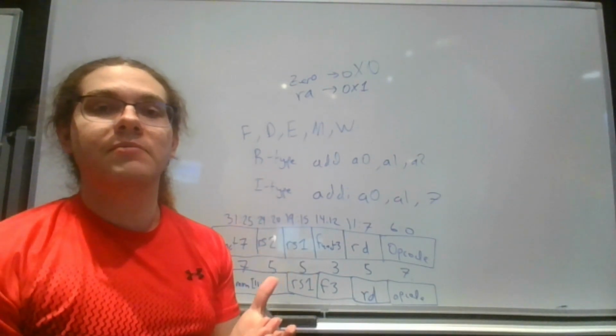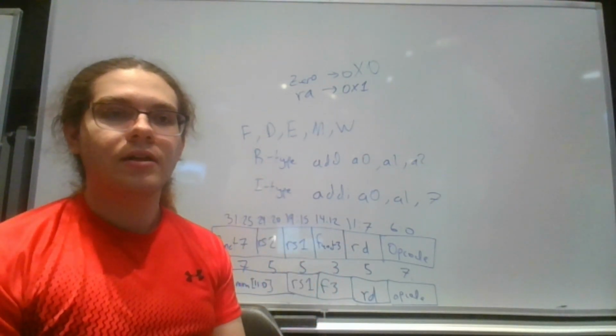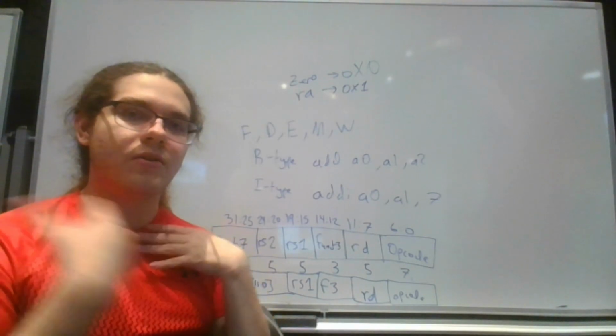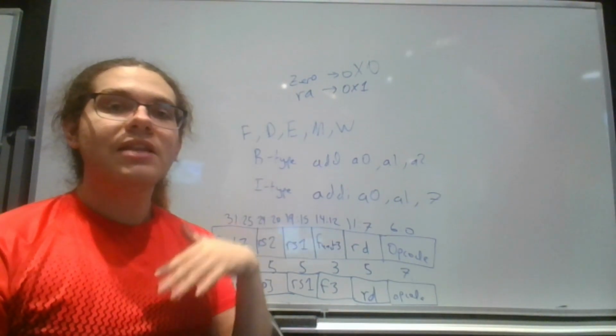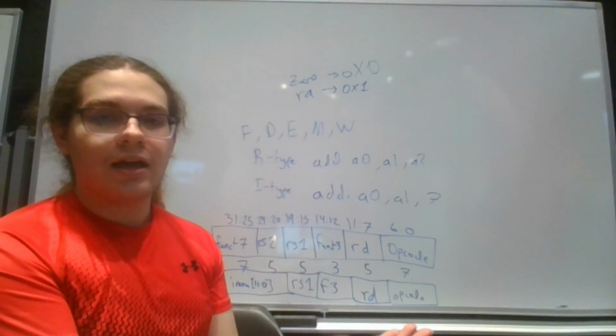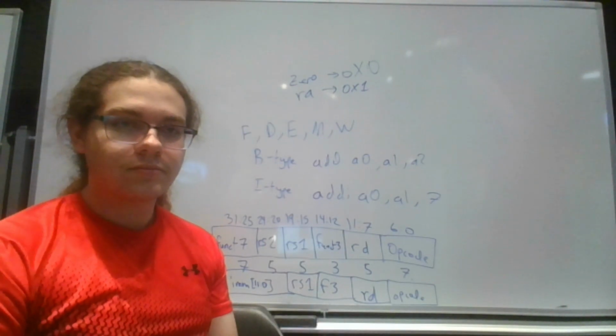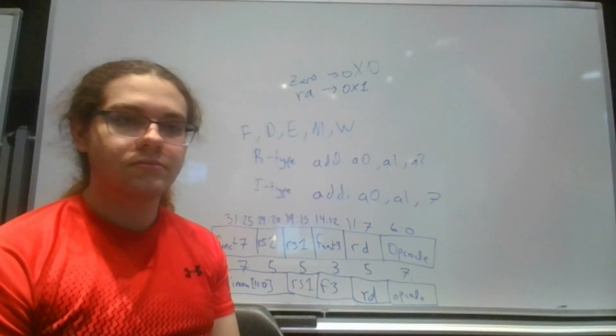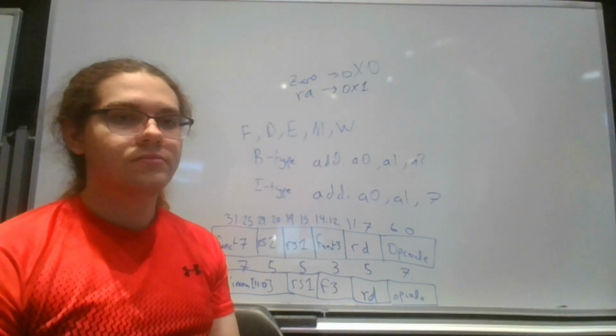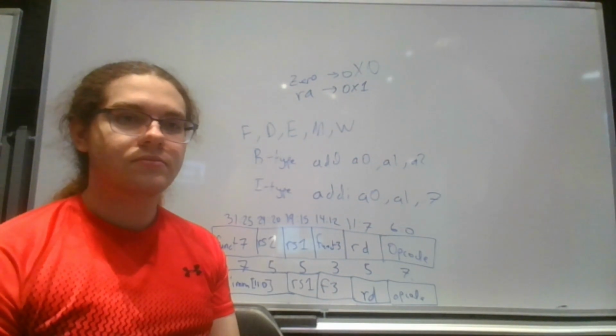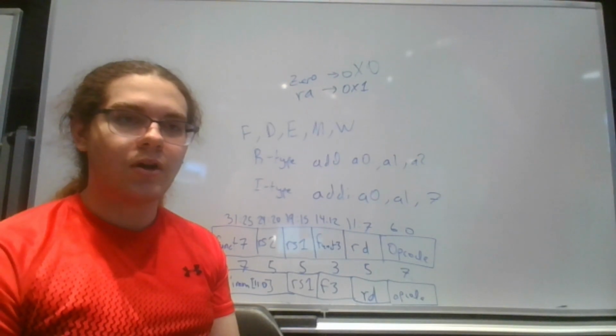So it all happens at the same time, all within the decode phase. But in terms of what we think sequentially, yes, we need to know the opcode first, and then we can get the rest of the information. But it all happens in parallel.